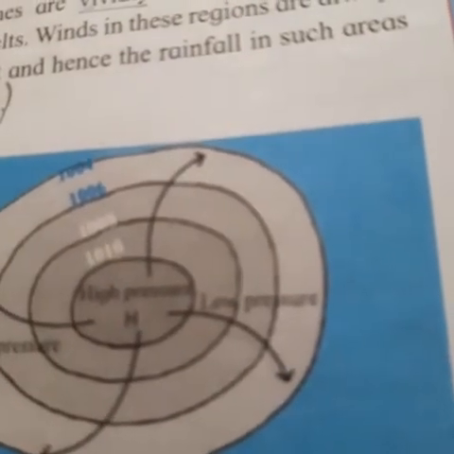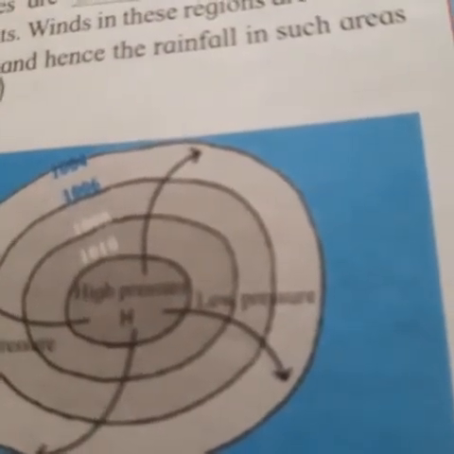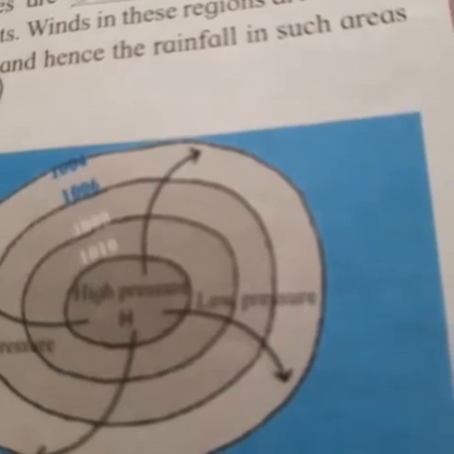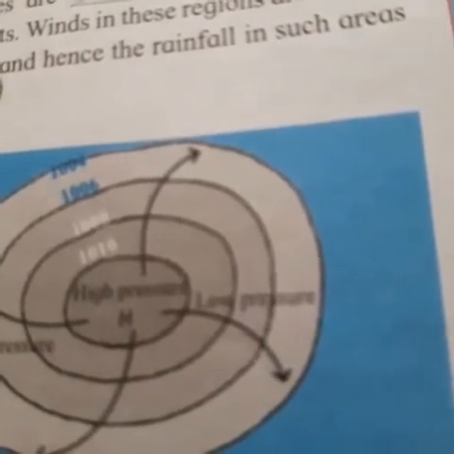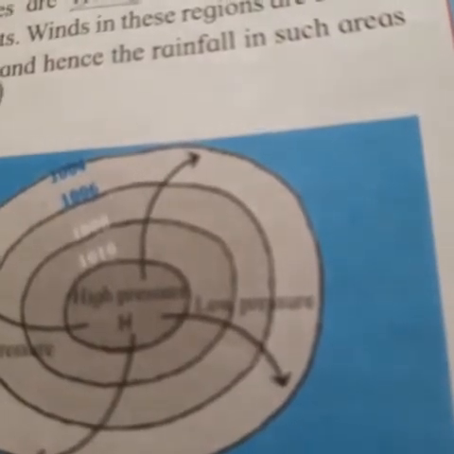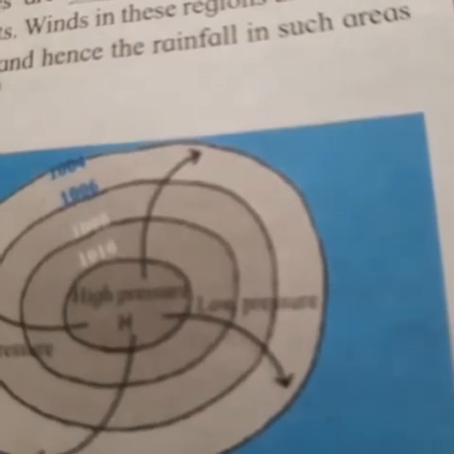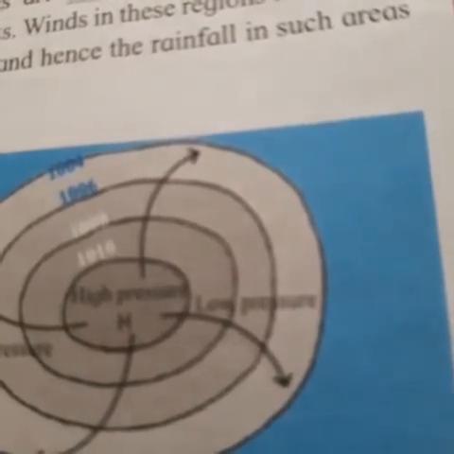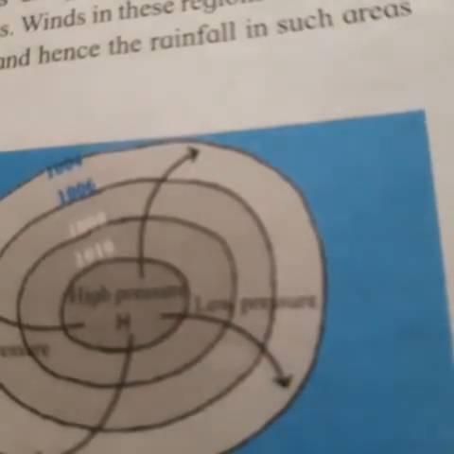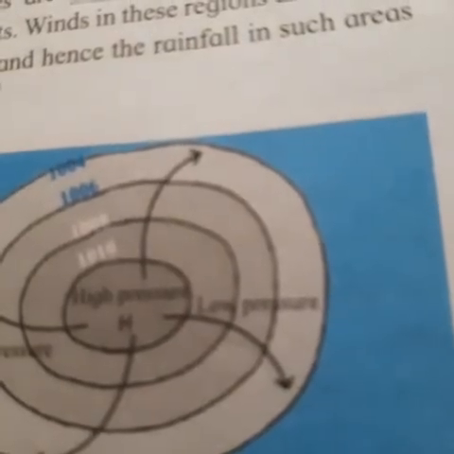Now in this anticyclone paragraph, they have explained that the wind blows from the center towards the surrounding area in a circular manner, and it happens when air pressure in a region increases and the pressure in the surrounding area is low.